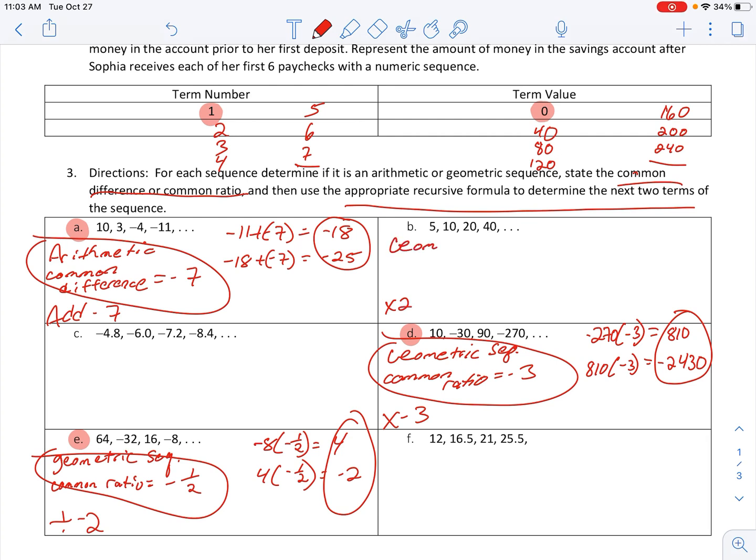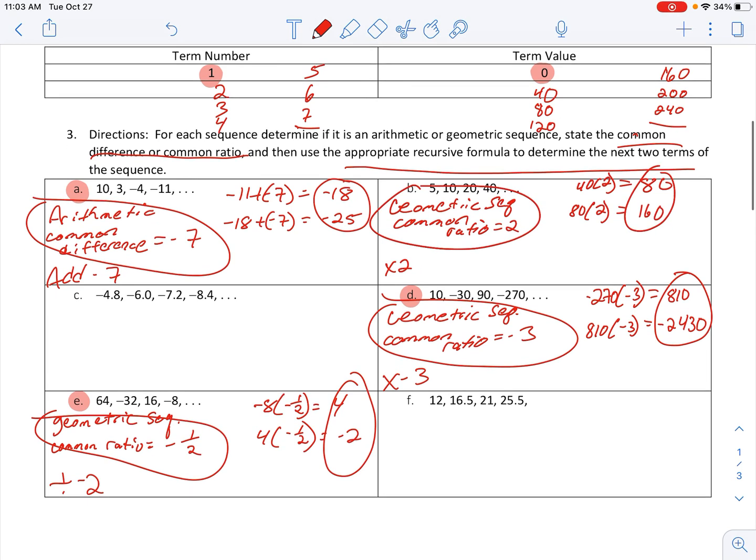So it's a geometric sequence, since we're multiplying. If it's a geometric sequence, we have a common ratio, which in this case is 2, multiplying by 2. Therefore, 40 times 2, and then 80 times 2. And there's my next two terms, okay?